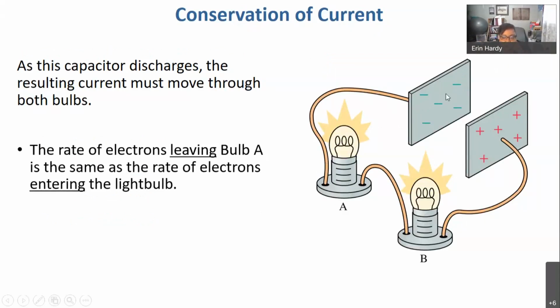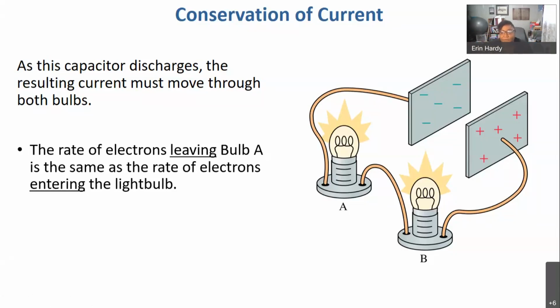Imagine there's an ammeter in this loop, and we start off with a charged capacitor. We close a switch so that this capacitor can start to discharge. The amount of current that we would see in this wire would not be constant because as the capacitor goes from being fully charged to uncharged, it is moving charges at a different rate or a different speed.